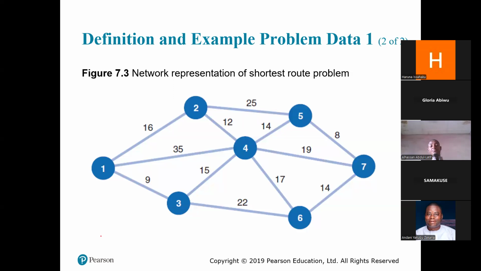Our task in the shortest route problem is to determine the shortest distance we can move from the origin, which is node 1, to any of the destinations. This is how we present the network problem for the shortest route assignment.